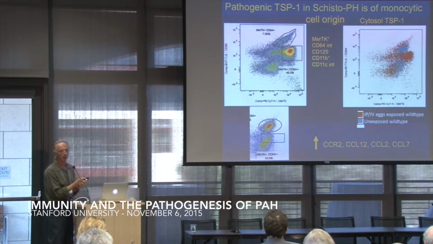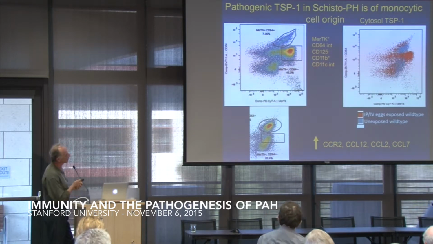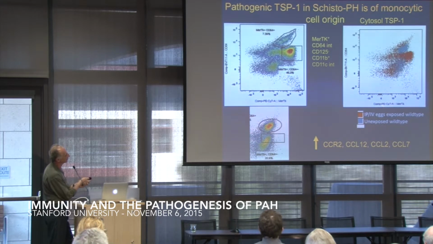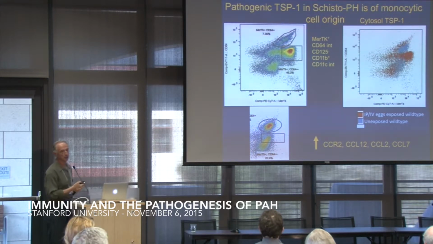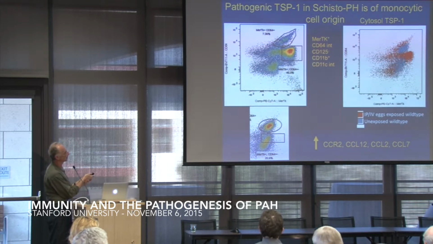But probably the most compelling argument that these cells are not just inducing another cell to make the TSP1 is that these cells are the ones that have it. Here are the infected cells that have TSP1. We probe for TSP1 because TSP1 is soluble. You cannot just do it on the cell surface. So here are permeabilized cells, and this is cytoplasmic staining.